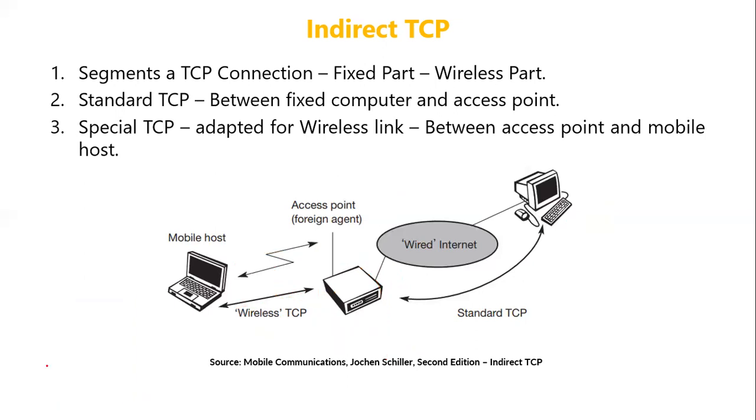If there is any packet loss, assume that there is a packet P1. The packet P1 is sent from the mobile host, and it has reached the access point, and the access point has sent an acknowledgement for that, and then it has transmitted it to the correspondent node.